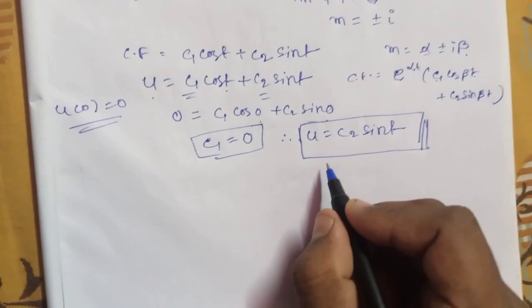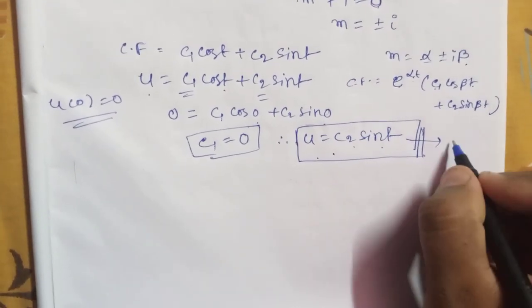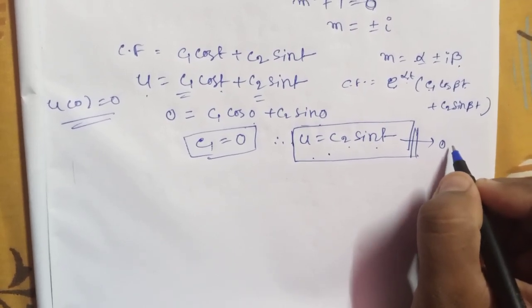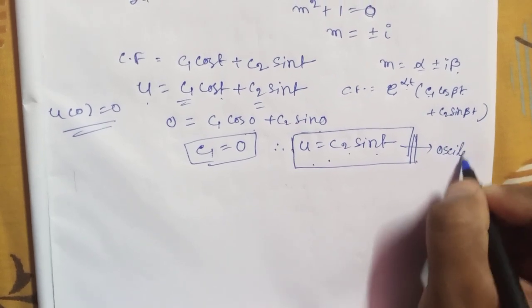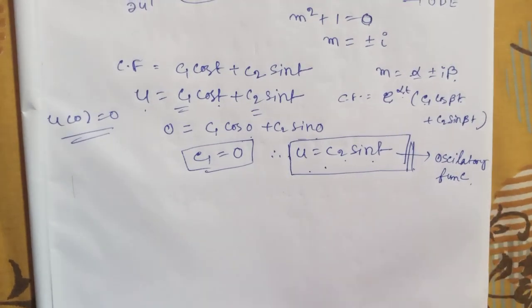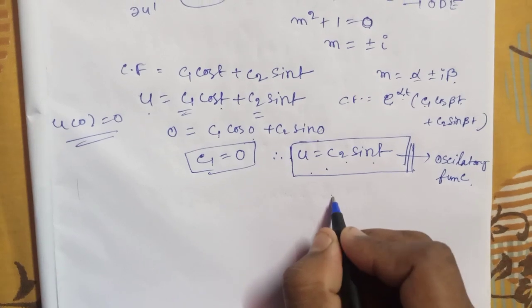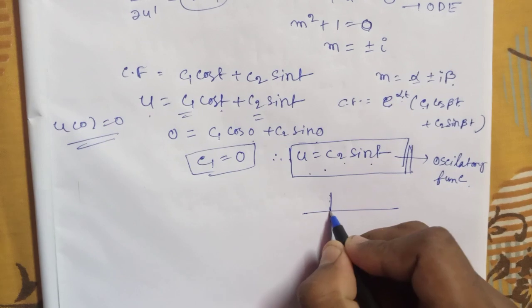Why? Because here we see u equal to C2 sin t. This is an oscillatory function, right?